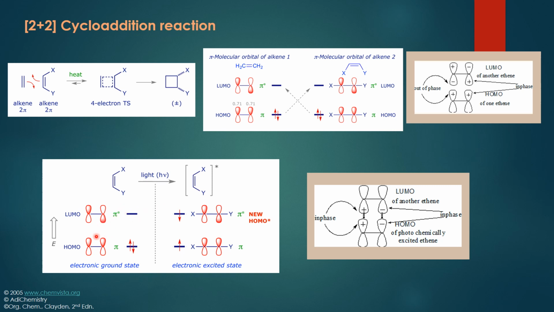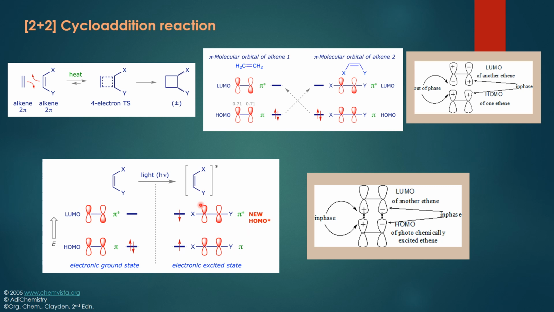When it was in the ground state, it also has one pi bond, so a corresponding pi molecular orbital and a pi star antibonding molecular orbital. In the normal state, the 2 pi electrons enter this pi orbital. But when it gets excited, one of the electrons from the HOMO, the pi orbital, is shifted to the LUMO of the same component.